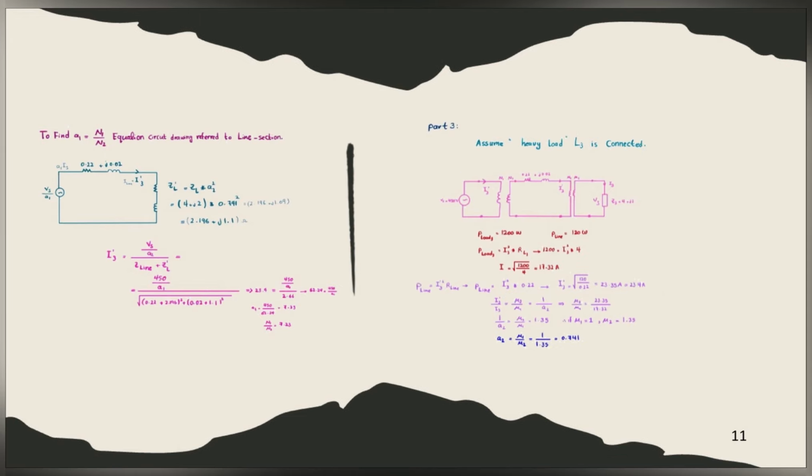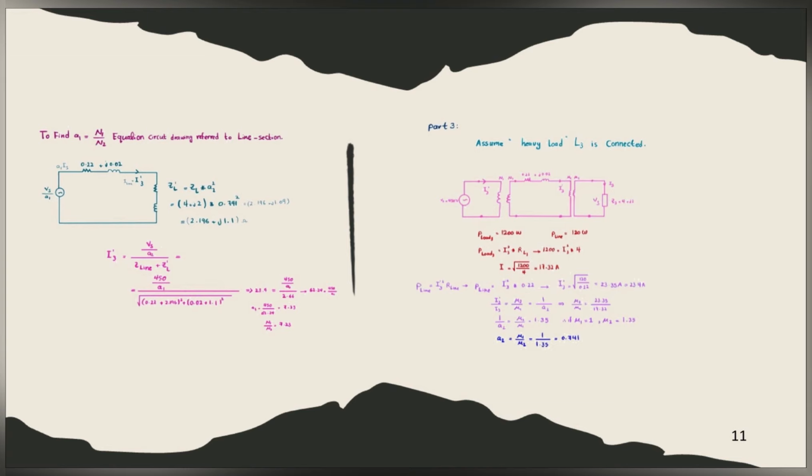Here in part 3, this circuit was solved with the same steps as the previous one with different values. I told you quickly because we have short time. The first step, Z3 equals 4 plus J2, and P load 3 equals 1200 watt meter and P line equals 120 watt meter.